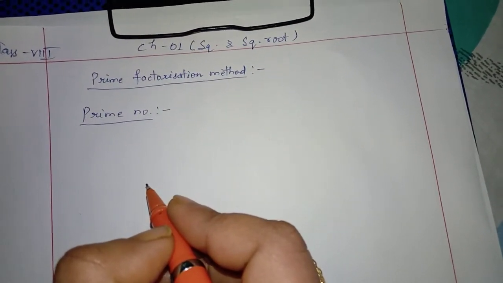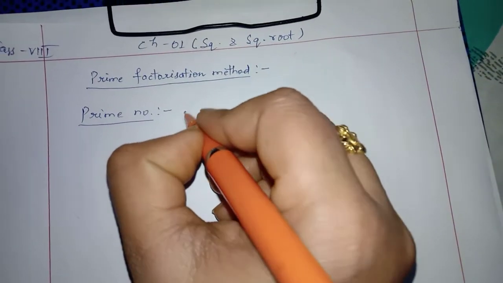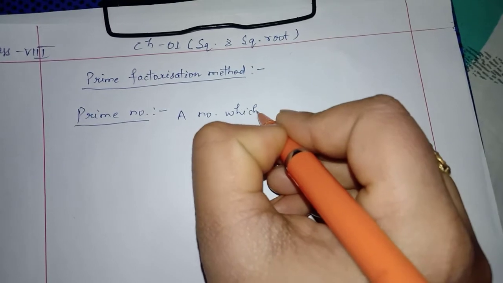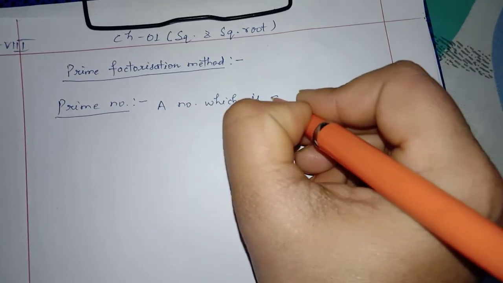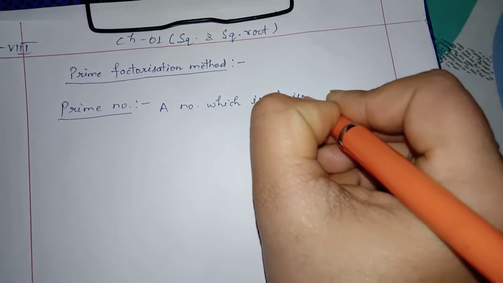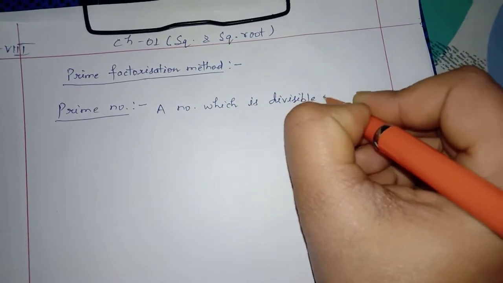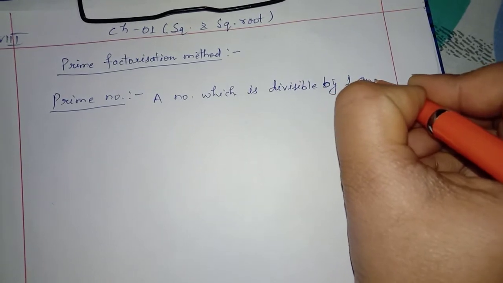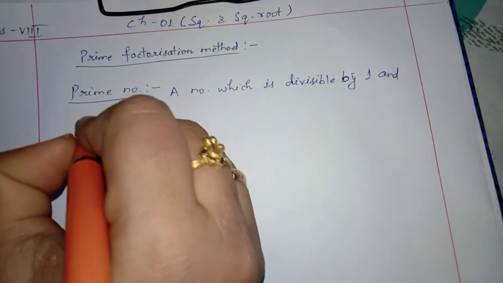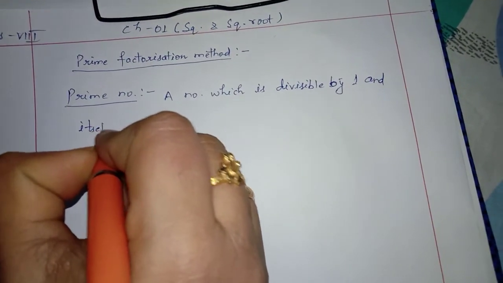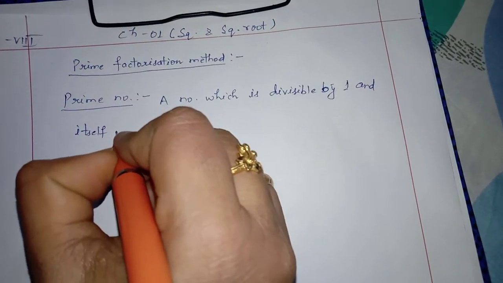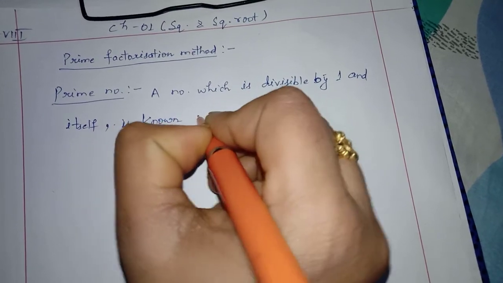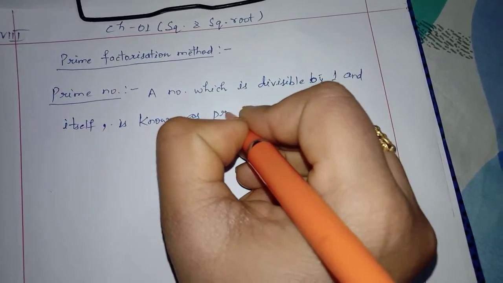So a prime number, a number which is divisible by 1 and itself, is known as a prime number.